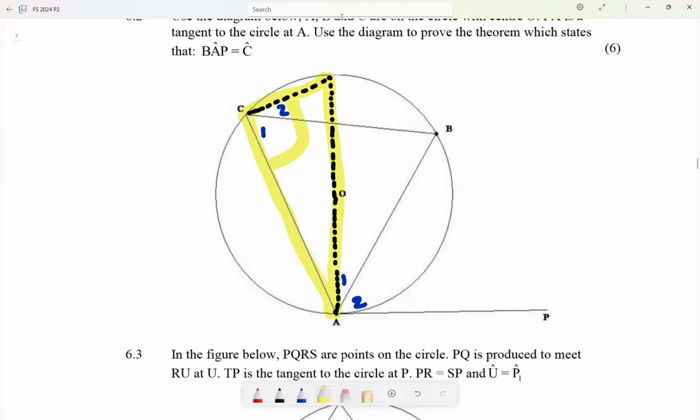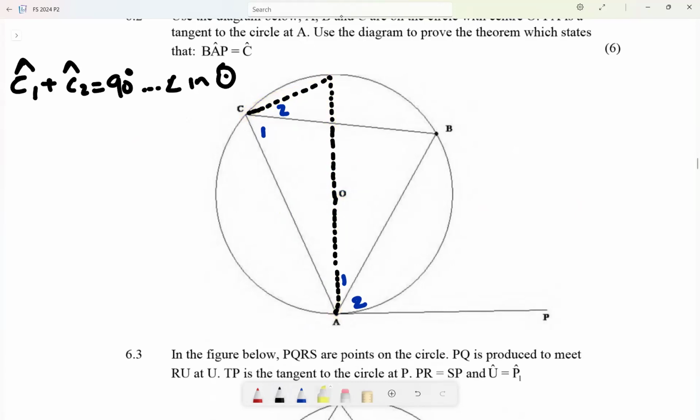What do I mean by that? It means angle C1 plus angle C2 is equal to 90 degrees. Why? Angle in a semicircle.